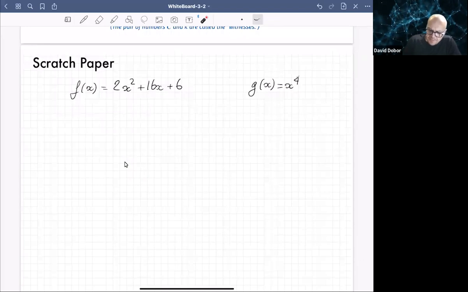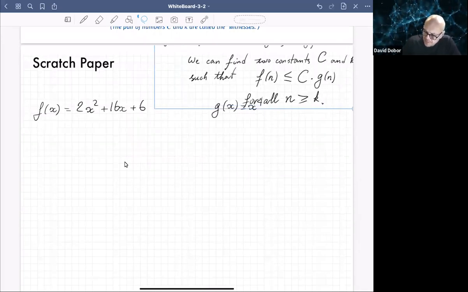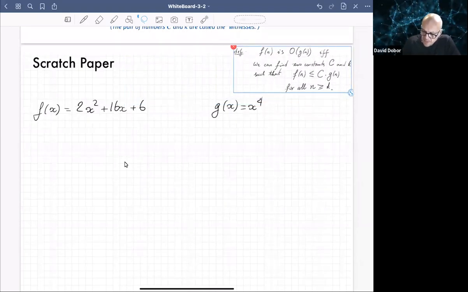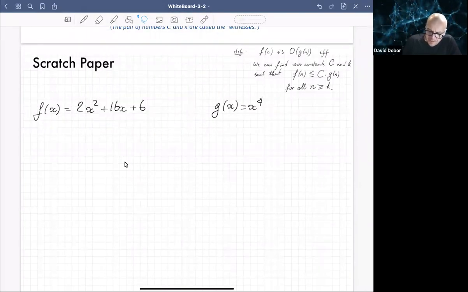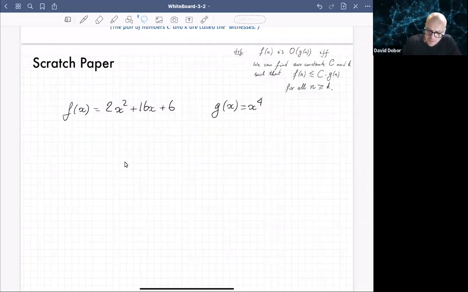Here's our definition. Let me paste that. We need this definition here on top, just to have it here. So the question is, is f of x big O of g of x?